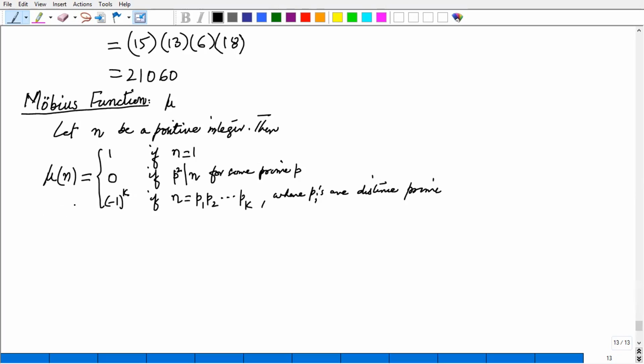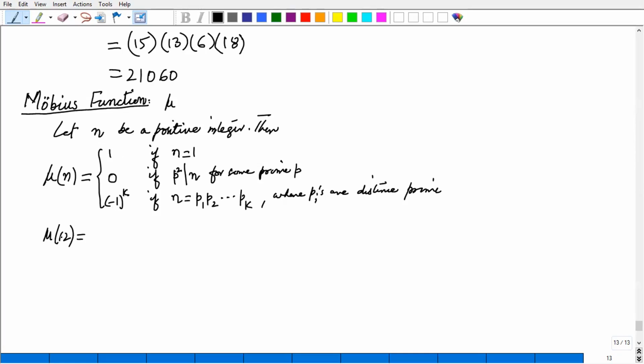Okay, and for example, let me use mu of 12. Mu of 1 is very simple, mu of 1 is 1 by definition.